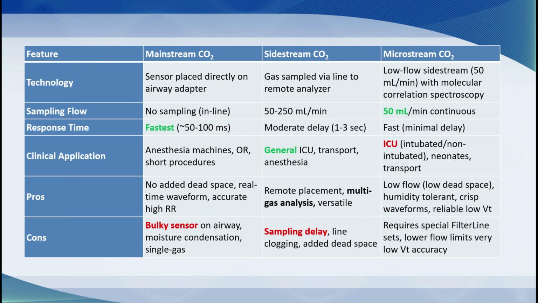Of course, we don't do this. We all use sidestream. Microstream is the approach of choice in the ICU, but there are other technologies that also use infrared CO2 absorbance in standalone units, but you are unlikely to be using them in your routine practice.